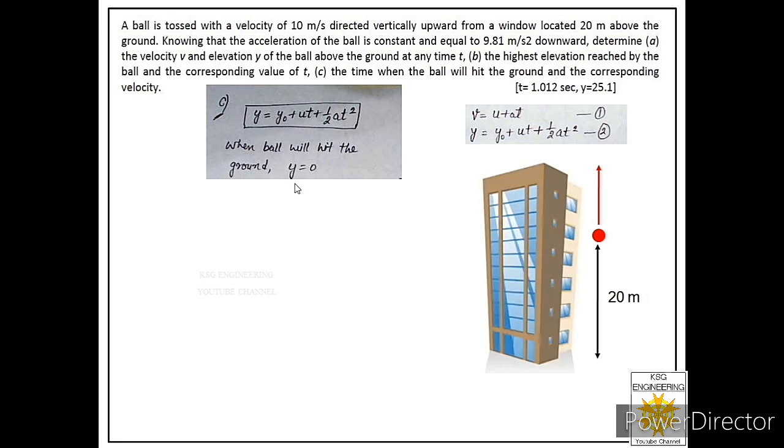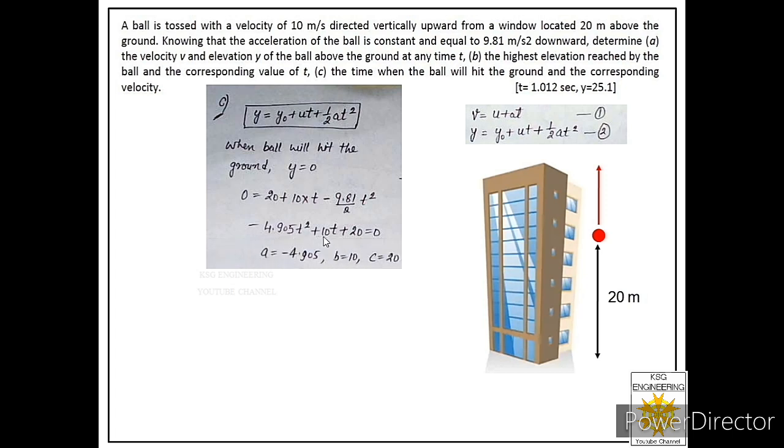So put the value of y equal to 0 in this equation, and y naught as 20 meters, u as 10 meter per second, a as minus 9.81. Then we will get a quadratic equation in terms of t. In this quadratic equation we have a as minus 4.905, b as 10 and c as 20.